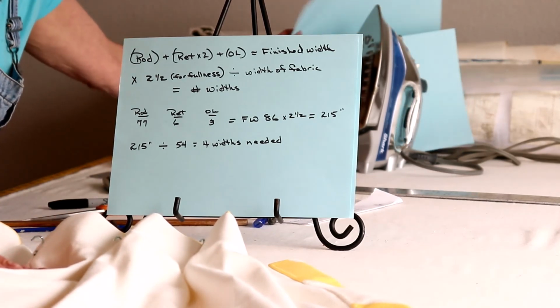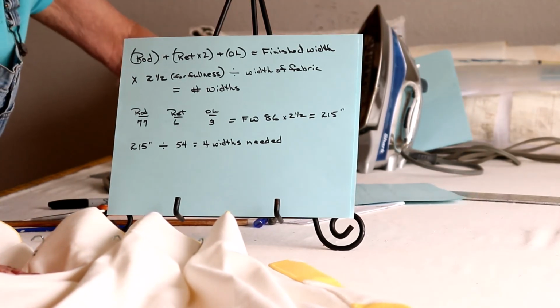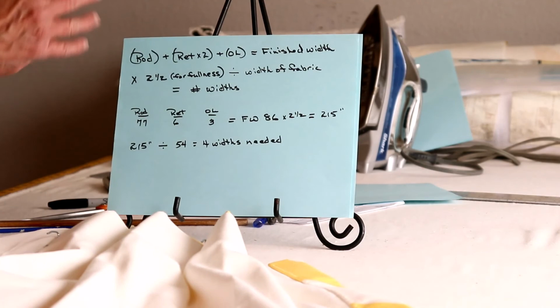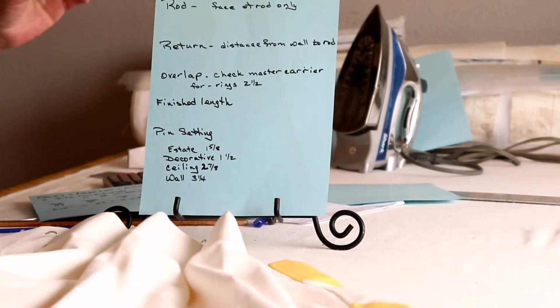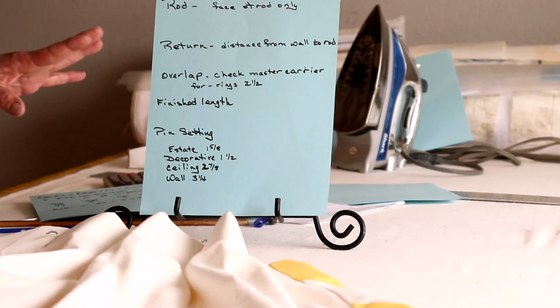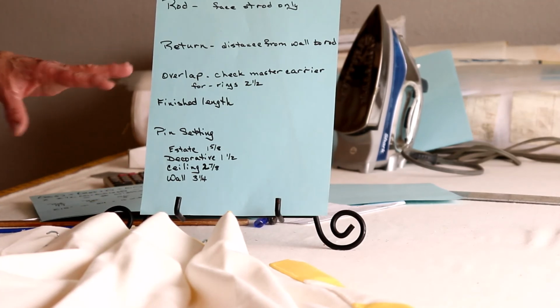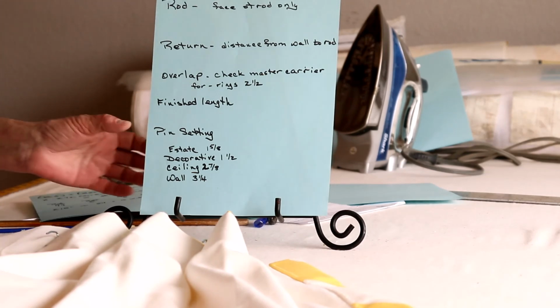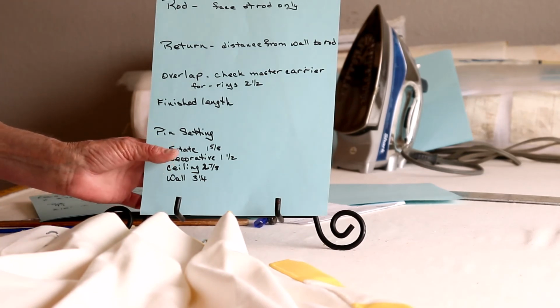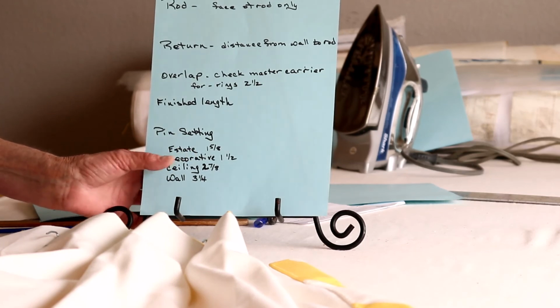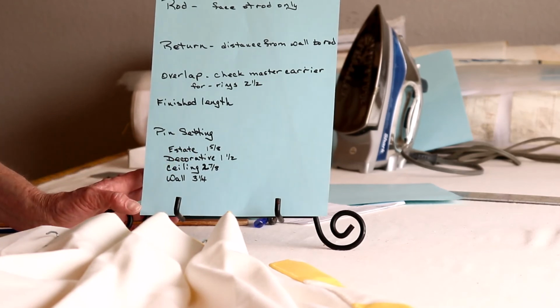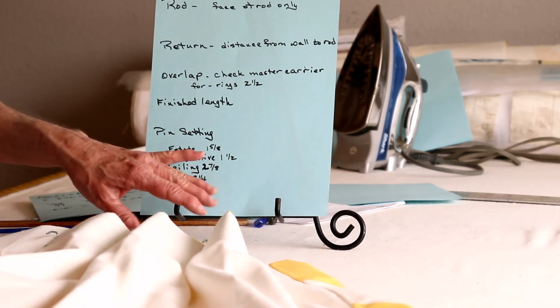Now, standard pin settings for a workroom. They're either a state, that's the pretty ones you get from the decorator that has the wood pole in front, got the little carriers underneath. That's 1 5/8. A decorative rod is like a pole in the video with rings and that stuff. You go 1 1/2.